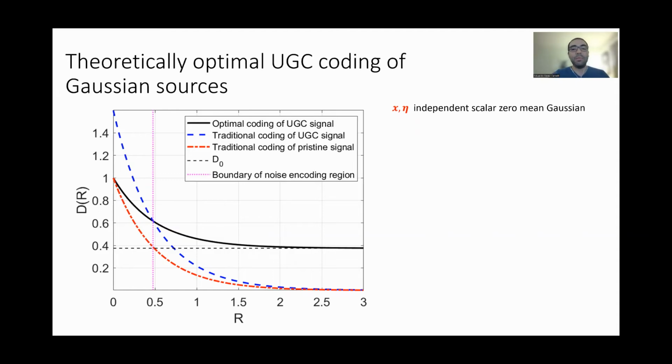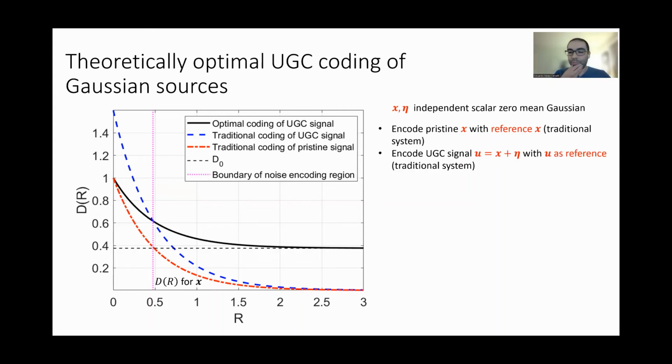Now we show an example using Gaussian sources. So we will consider X and nu as Gaussians that are independent, of zero mean. We show that encoding the pristine X with reference X is the red line that goes to distortion 0 as we increase the rate. We also show that we can encode the UGC signal by using U as reference.